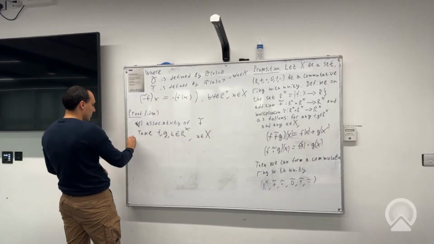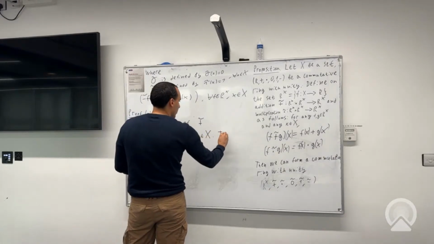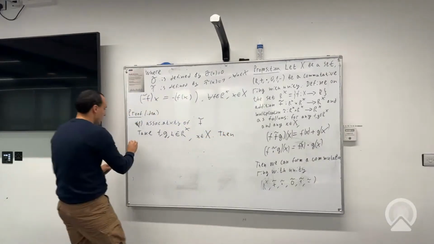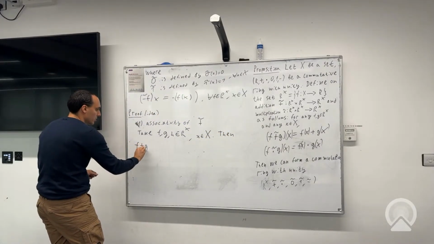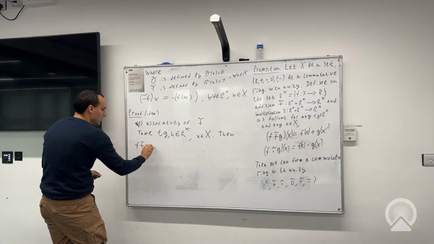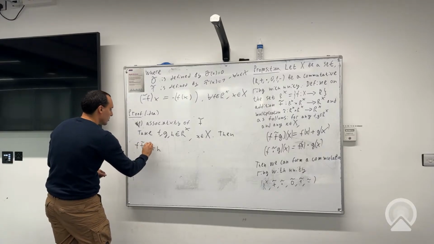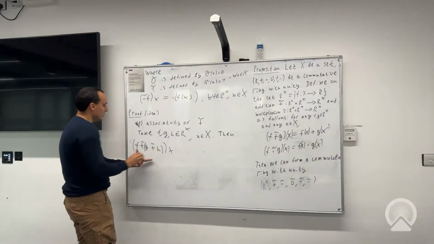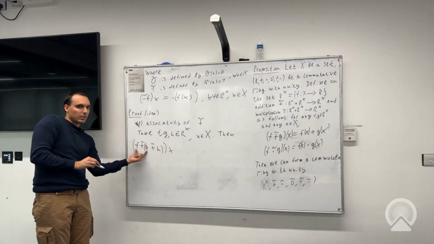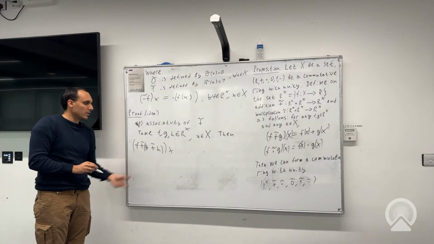Then (f plus g plus h) of x. So this is the first thing. The other thing is with different brackets. You need to check that they are equal.